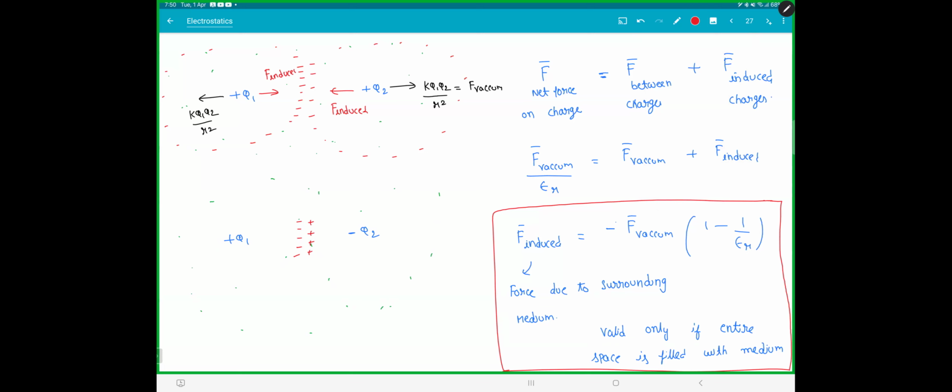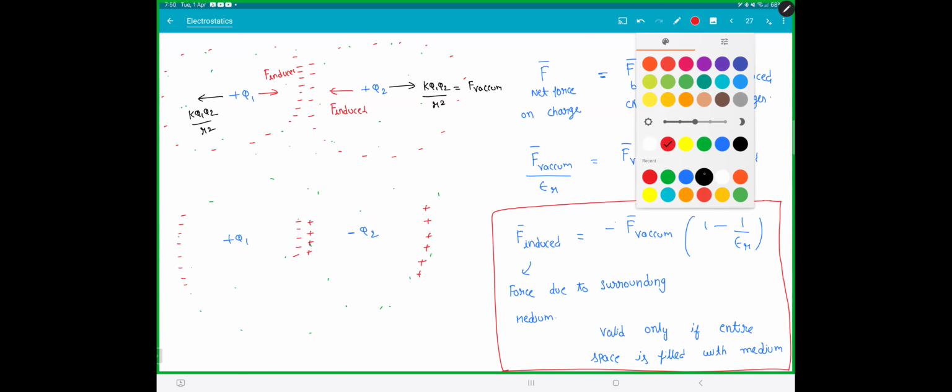They'll cancel out now. They'll start getting neutralized in the center. This plus will induce negative, this minus will induce positive. They induce opposite charges, so at the center they'll get neutralized. But on the outside, now you'll get more positive here and more negative here. So between the charges will get neutralized, but now the charges are on the other side.